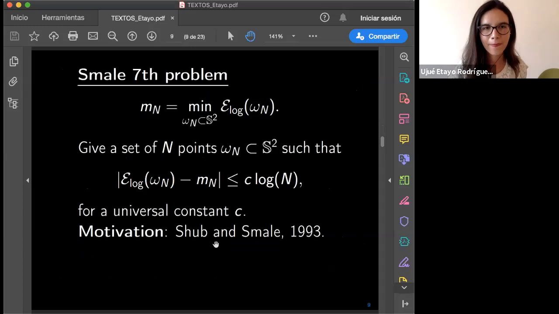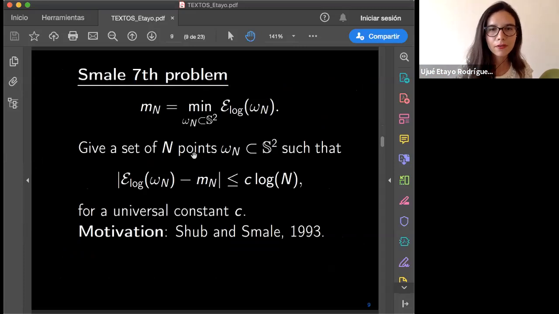All right, let's go back to Smale's seventh problem. Now that we know what is known about the minimal value of the logarithmic energy, namely, we know the expansion up to an order n term. N is the number of points, and we know no more.